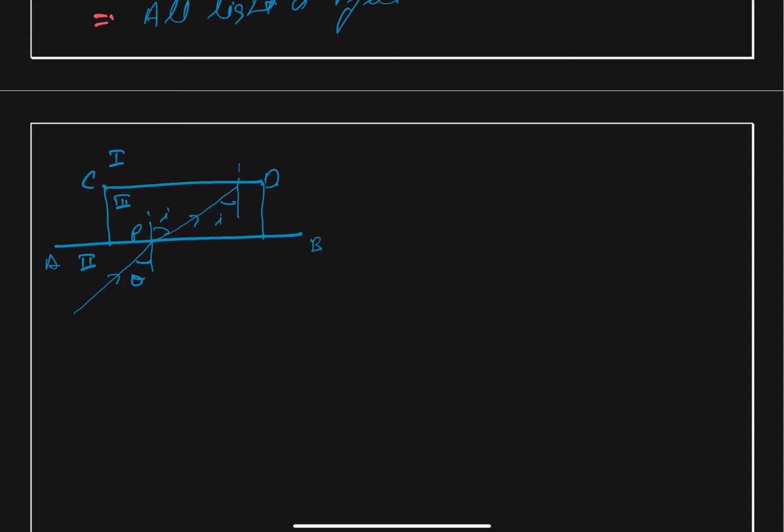And for case B, same situation, but the only thing is that the ray will be bending in the opposite direction now. So this is 1, this is 3, and this is our 2.